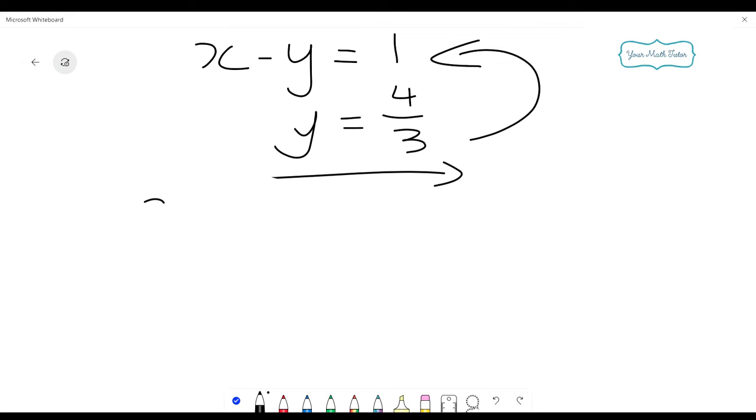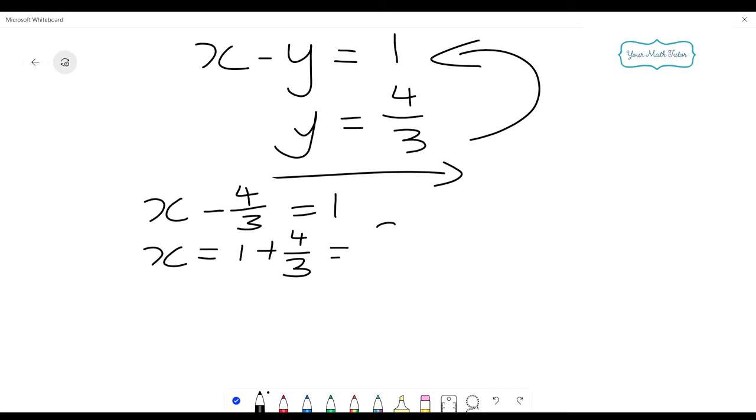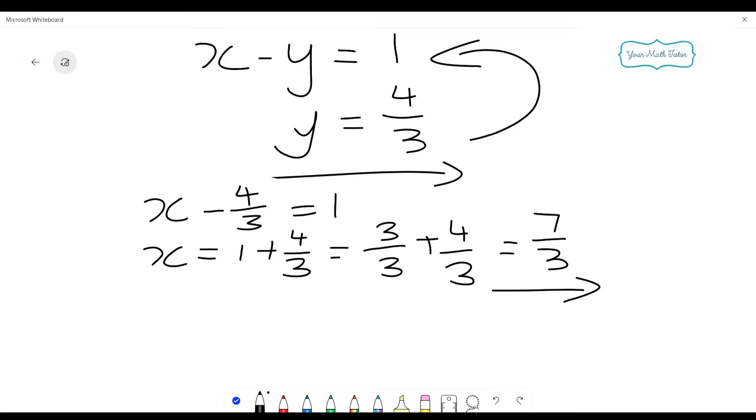So we're going to have x minus 4 divided by 3 is equal to 1, which gives us x is equal to 1 plus 4 divided by 3, which is equal to 3 over 3 plus 4 divided by 3, equal to 7 over 3. So that is the solution for x.